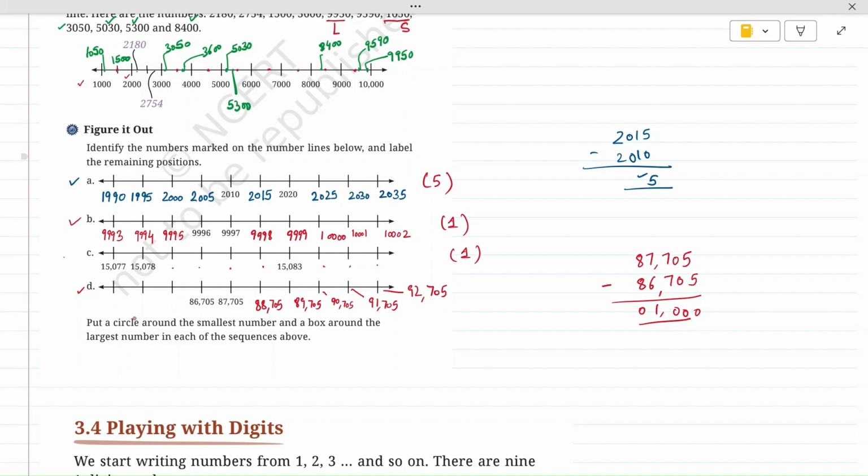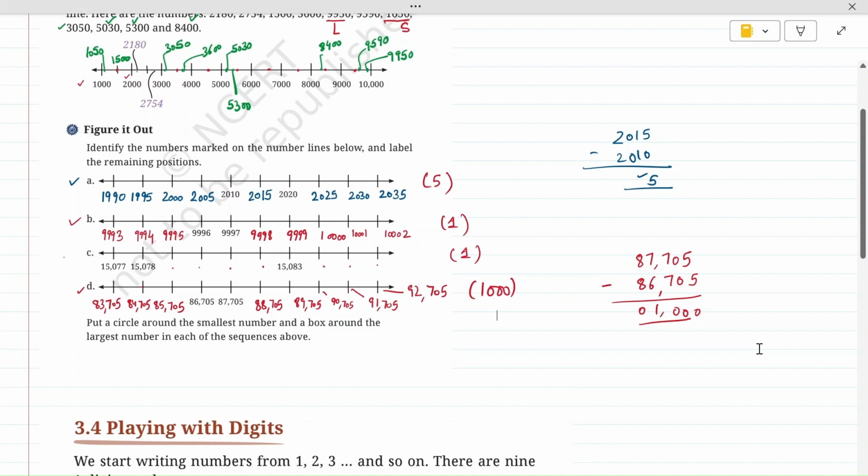Next, towards the left we have to subtract. So this is 85705, this one is 84705, and the first one will be 83705. So towards the right you have to add, towards the left you have to subtract, and here the interval was 1000. I hope this is clear to you.